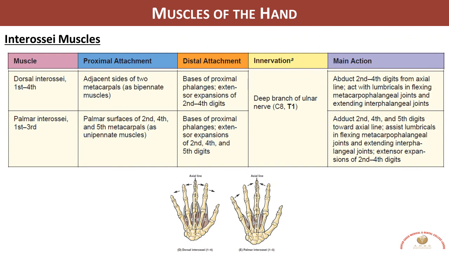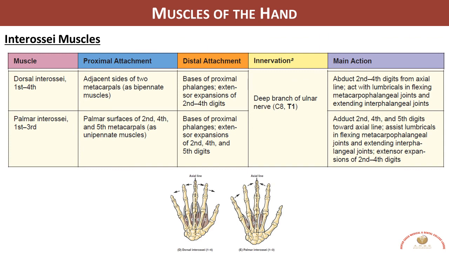The four dorsal interossei abduct the fingers and the three palmar interossei adduct the fingers. You can make any mnemonic; in the books it is written that DAB is the mnemonic for these interossei.